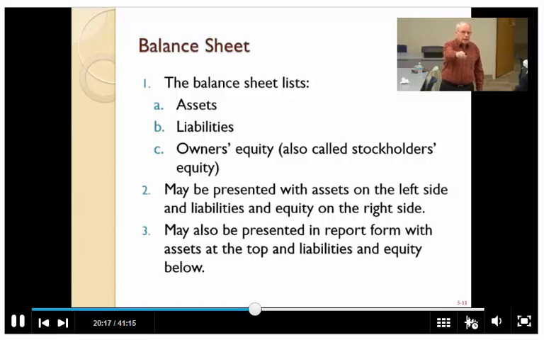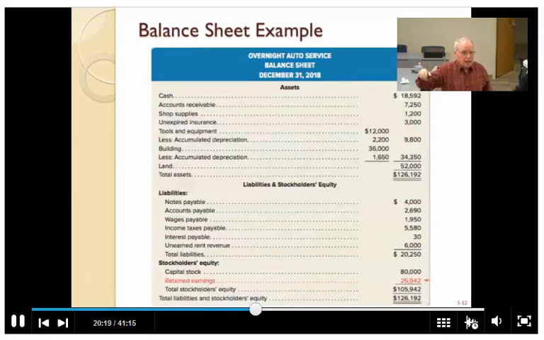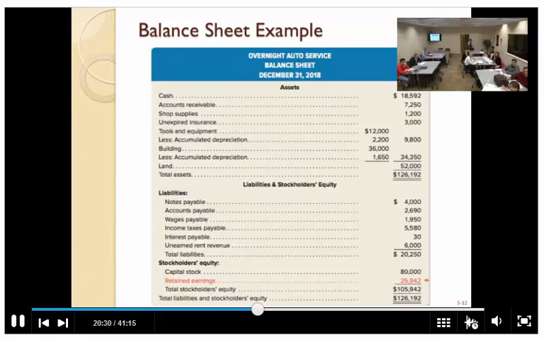Right, and again, the balance sheet is listed in the order of liquidity, cash obviously being your most liquid asset. And tonight, before we leave, we're going to talk about a classified balance sheet. Then liabilities are listed.